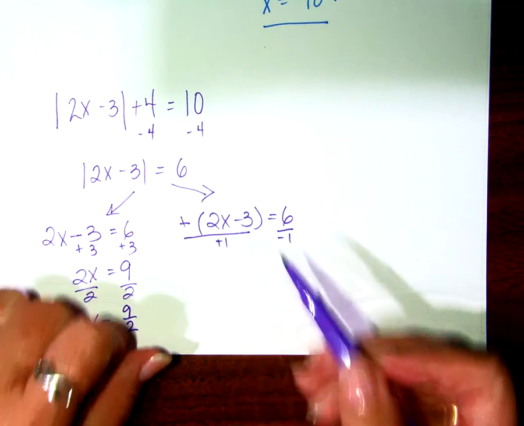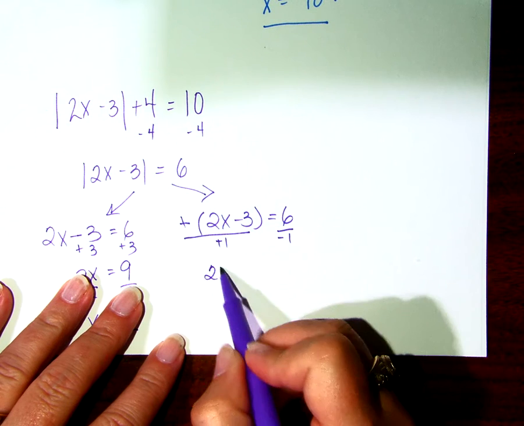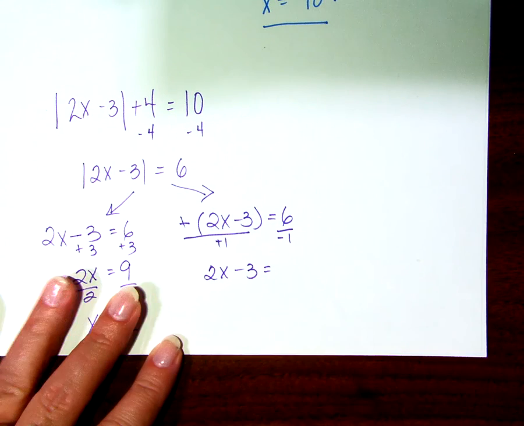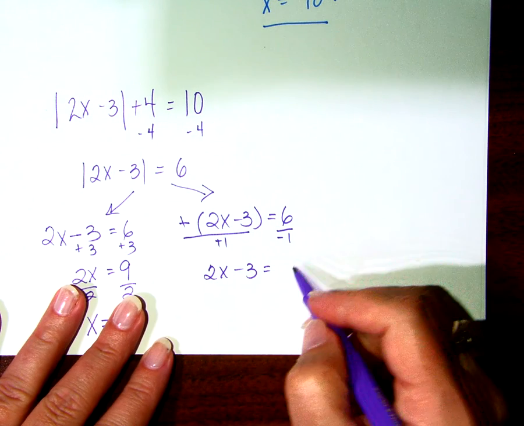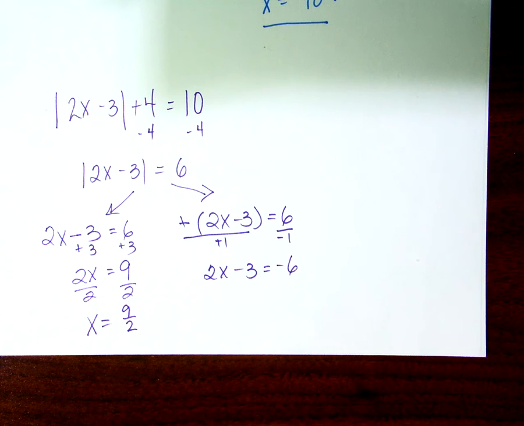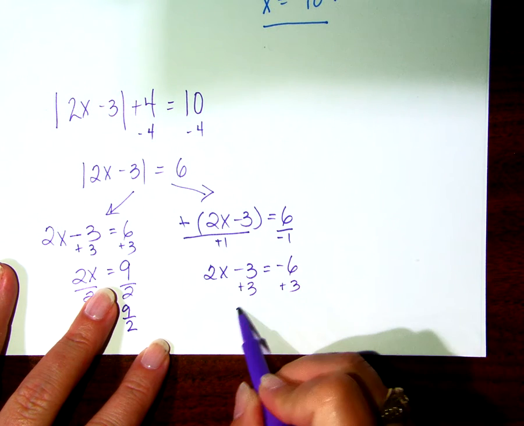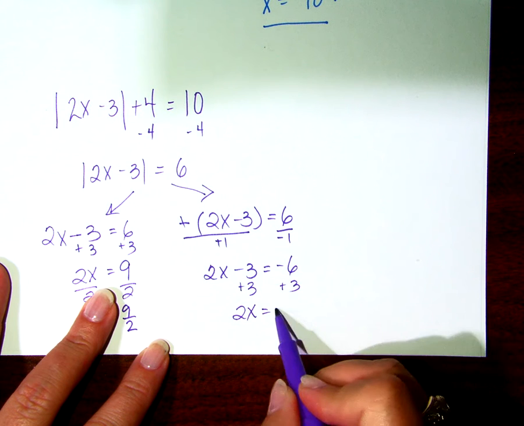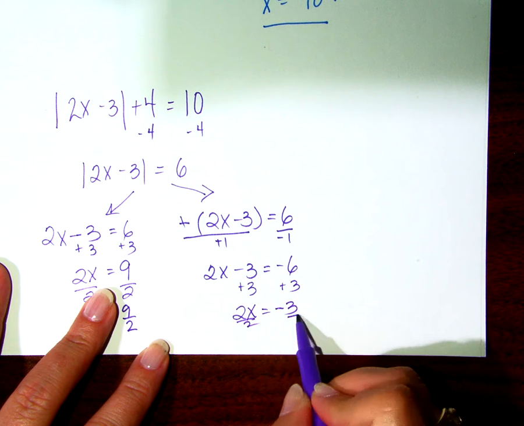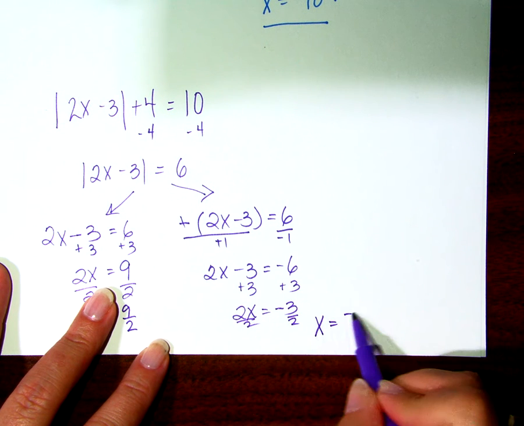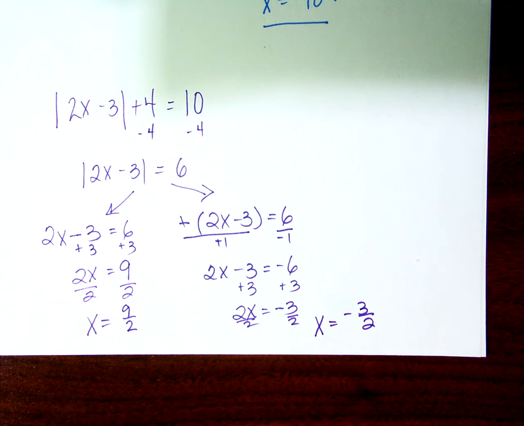Negative divided by a negative is a positive, so I just have 2x minus 3. What happens on the right-hand side? Negative 6. Now what? Add 3. 2x equals negative 3. Dividing by 2 gives me x equals negative 3 halves. Am I right?